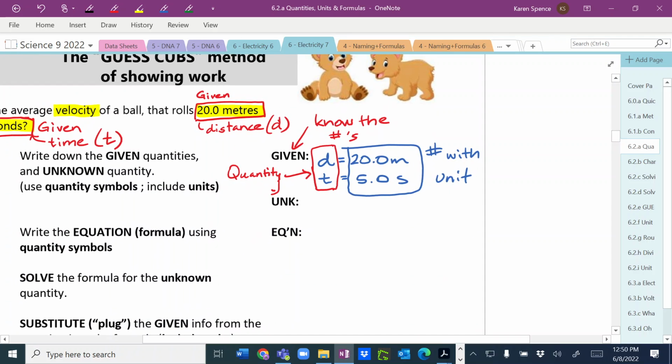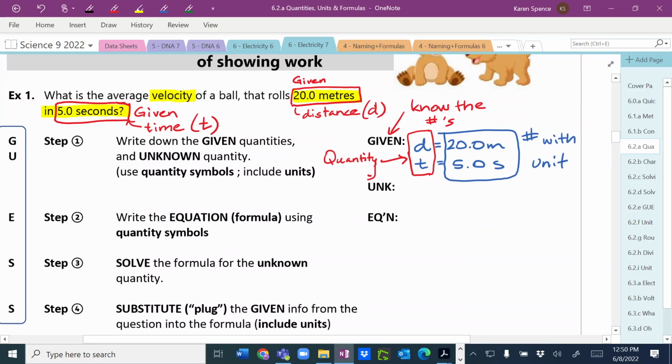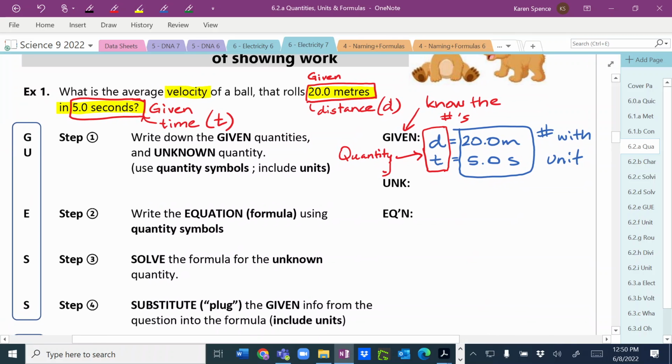How are you going to know what the unknown thing is in your question? Because the G in GUESS stands for given. We are given distance, we are given time. U stands for unknown. There's an unknown quantity in our question. How can you tell what the unknown quantity is?